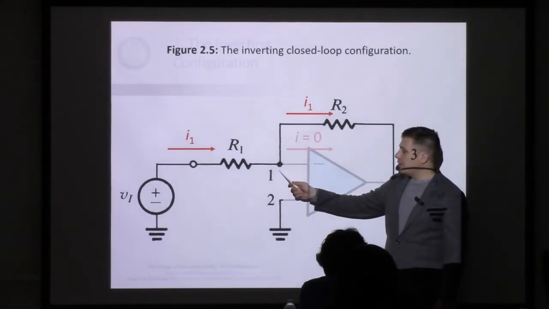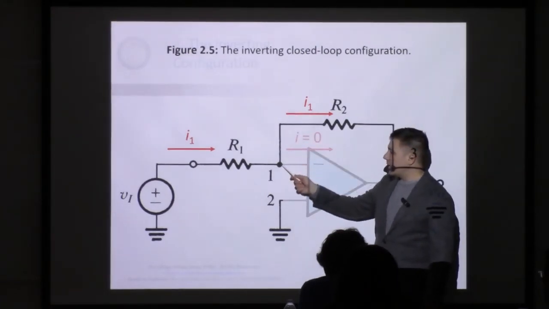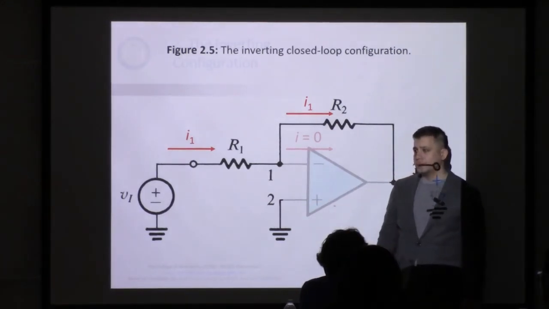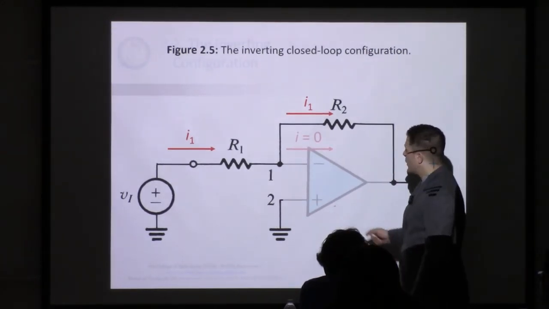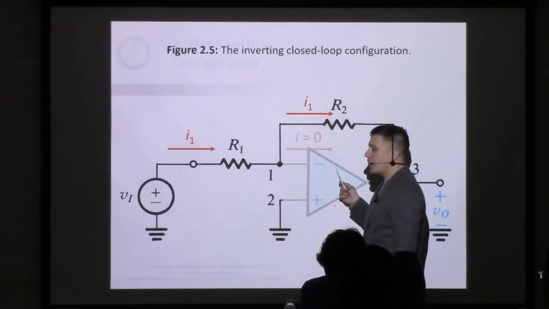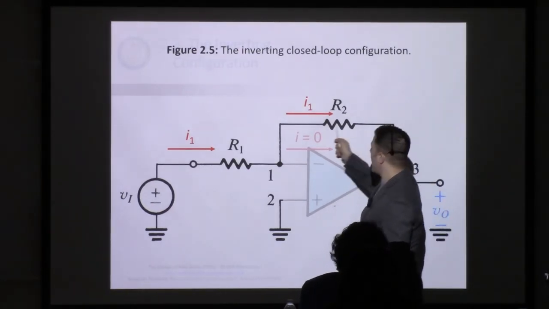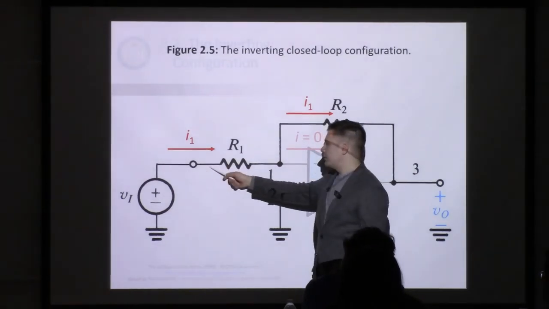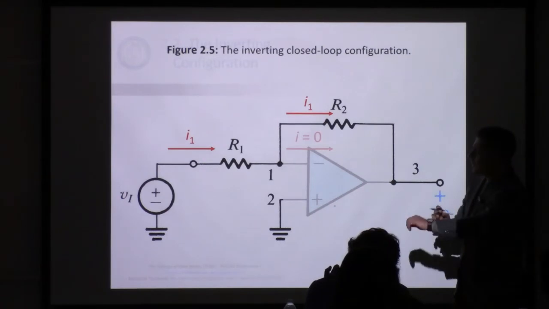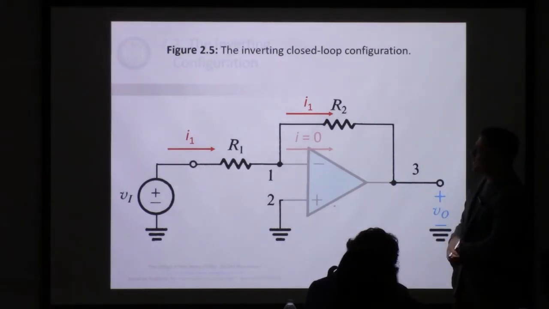We know that V1 is equal to 0, but if we were to apply KCL at this terminal, there would only be one input, one output. We also know that no current can flow in here. No current can flow to the right, which means that all the current has to flow like this, or as I have it shown, flowing like this. It's the same, either direction. And what we're going to do is define that as I1.